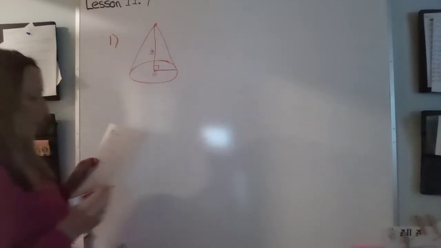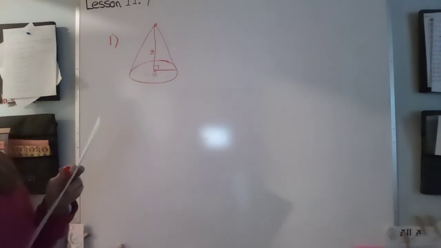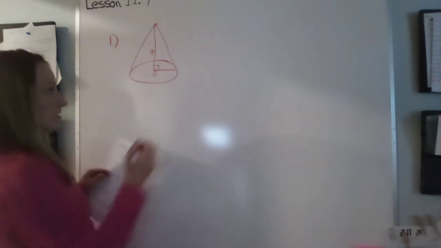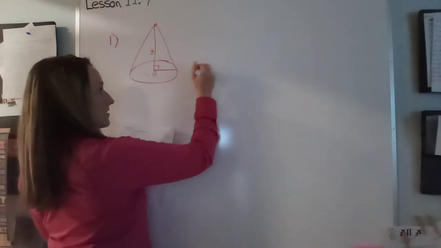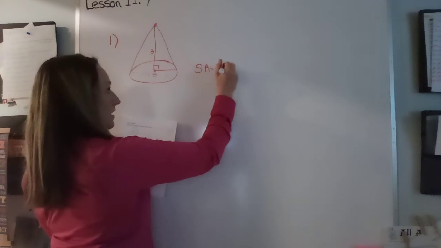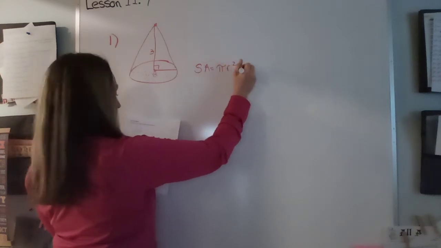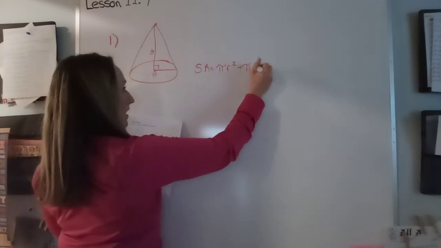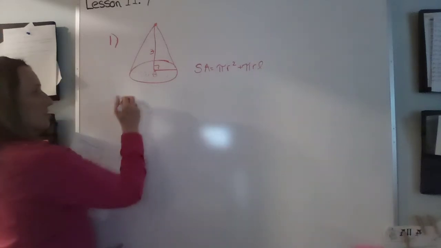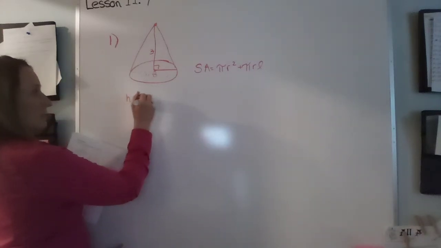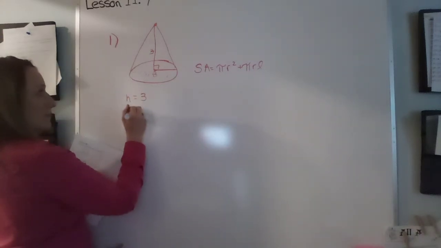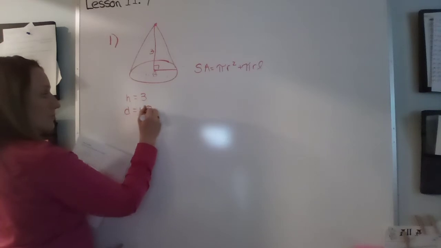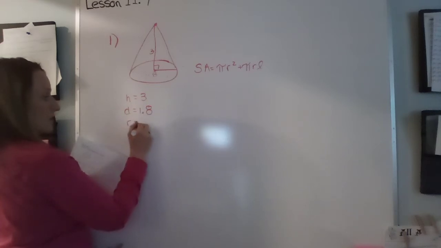You're again asked to find the surface area, so we're going to use that same formula: surface area is equal to pi r squared plus pi rL. Coming over to the side again, I can label my height is 3. My diameter is 1.8, so I divide that by 2 to get the radius is 0.9.